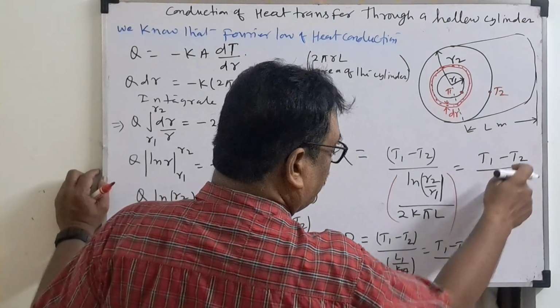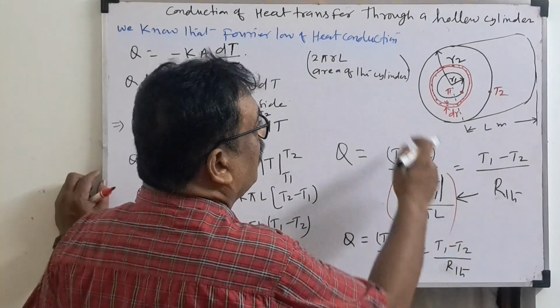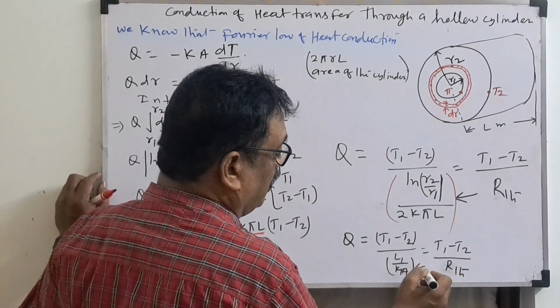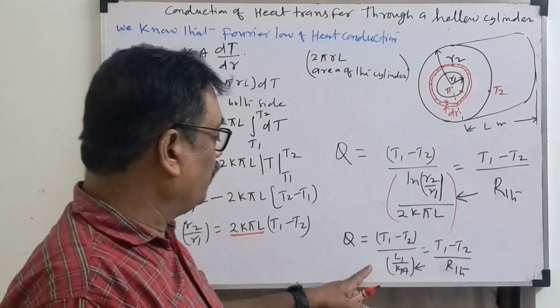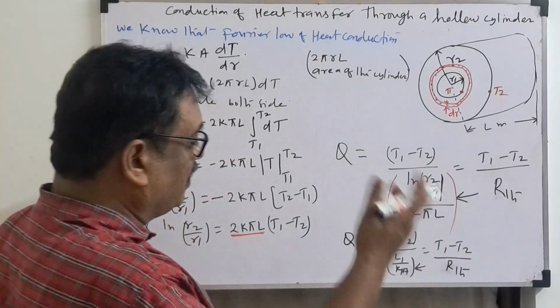Here R thermal for the hollow cylinder is this, and R thermal for the plane wall is this. Both are the same form, but R thermal differs. Like this, the sphere will also be there. We will go slowly, step by step.